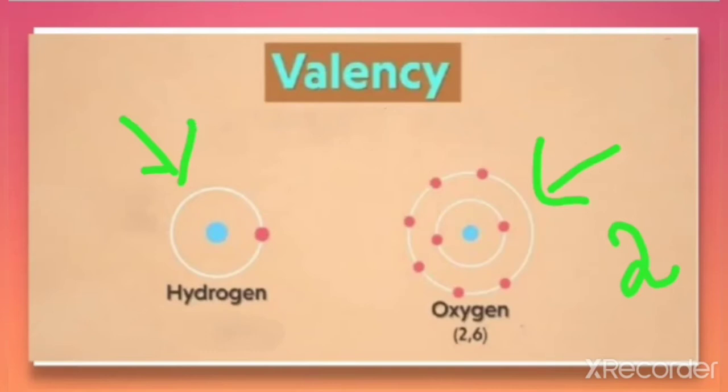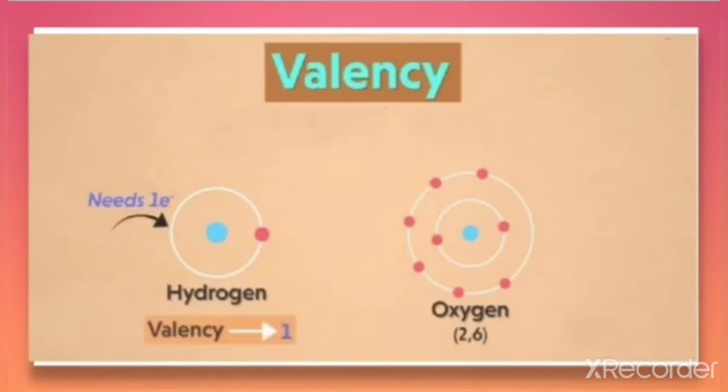So in order to stabilize, hydrogen requires 1 electron and oxygen requires 2 electrons. So the valency for hydrogen is 1, but oxygen requires 2 electrons to get stable, therefore its valency is 2.